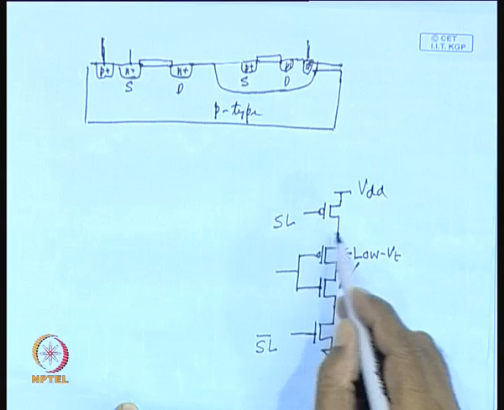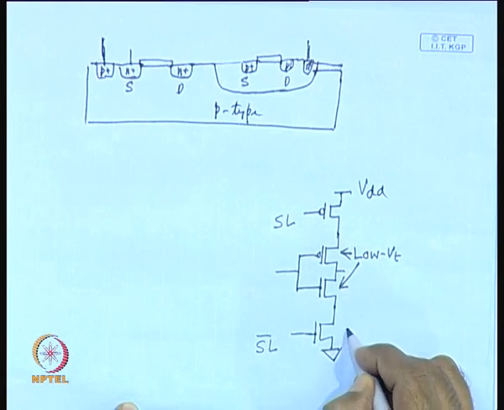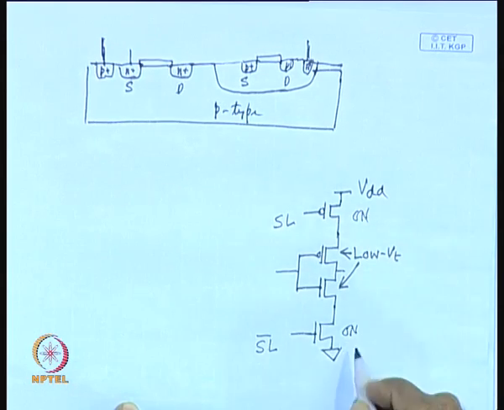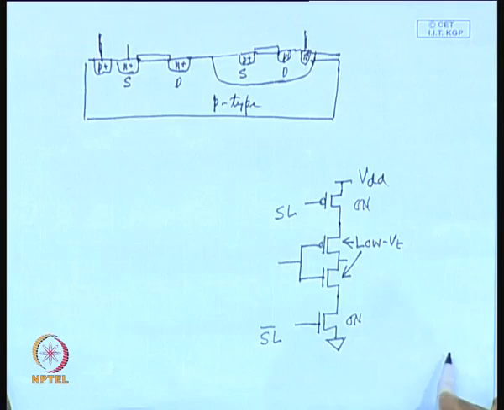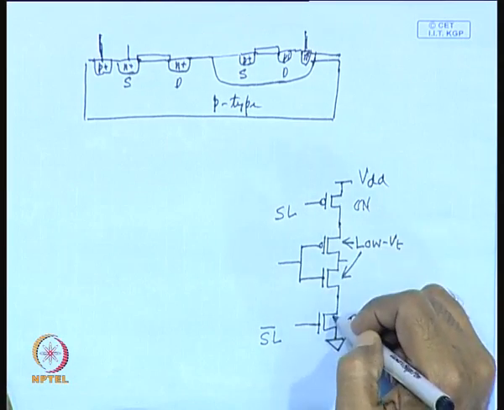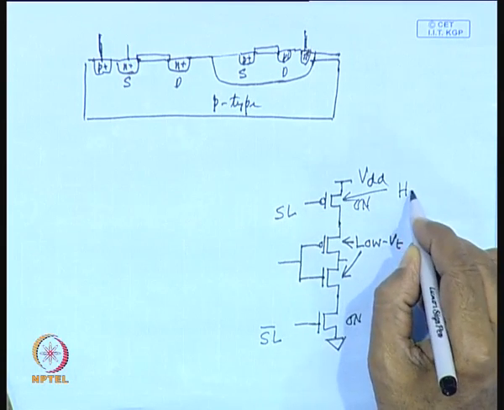That means, when the circuit is in normal mode of operation, this transistor is on, this transistor is also on. So, in the normal mode, these two transistors are on, and these are essentially high VT transistors.